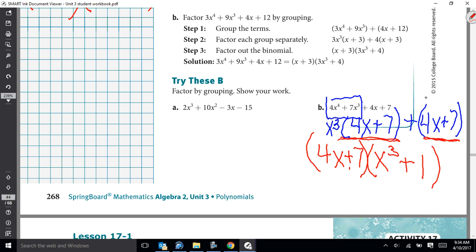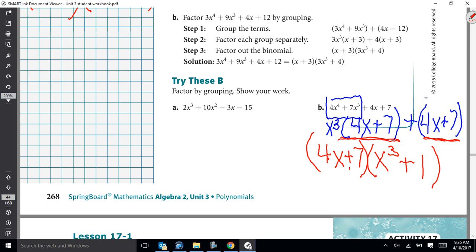And just to check, 4x times x cubed is 4x to the 4th. 4x times 1 is 4x. 7 times x cubed is 7x cubed, and 7 times 1 is 7. So our answer checks.